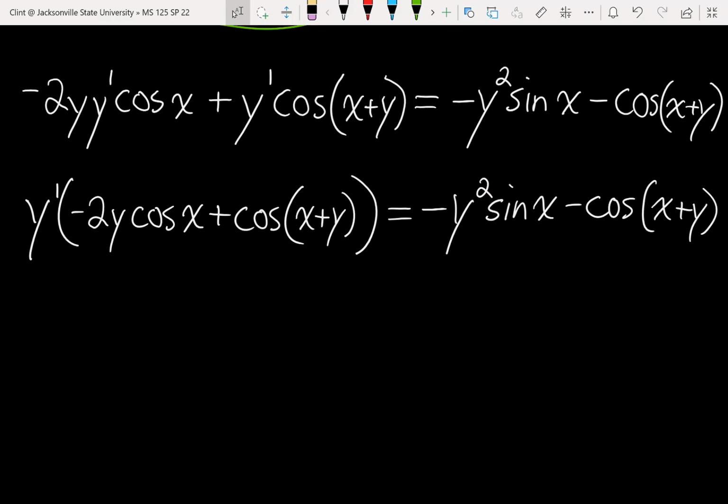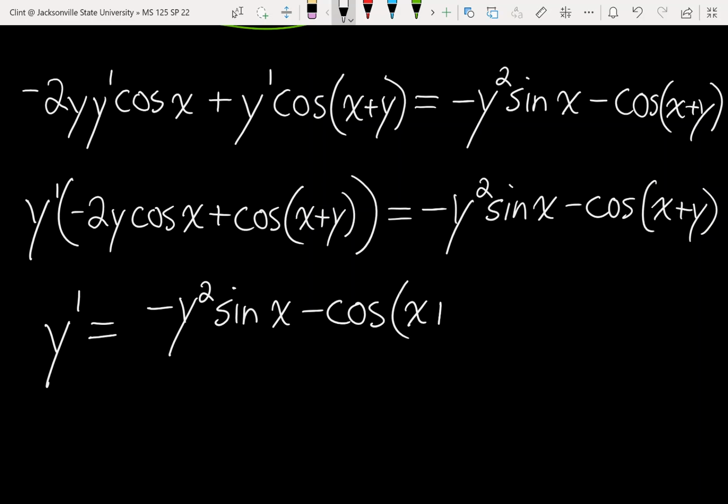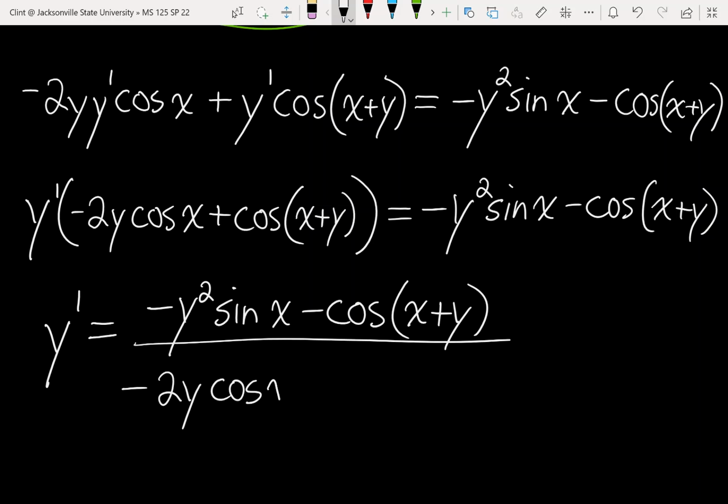And then one last step. Divide by all the junk we've got in parentheses, so y prime equals negative y squared sine x minus cosine x plus y over negative 2y cosine x plus cosine of x plus y.